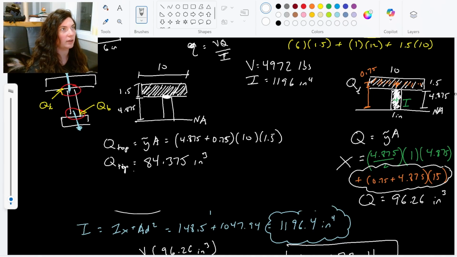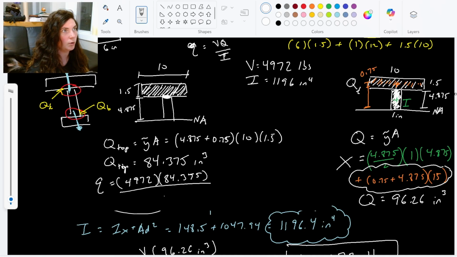And then we can calculate the shear flow. So shear flow equals V, 49.72, times Q, the new Q, 84.375, all over the moment of inertia, same moment of inertia, 1196.